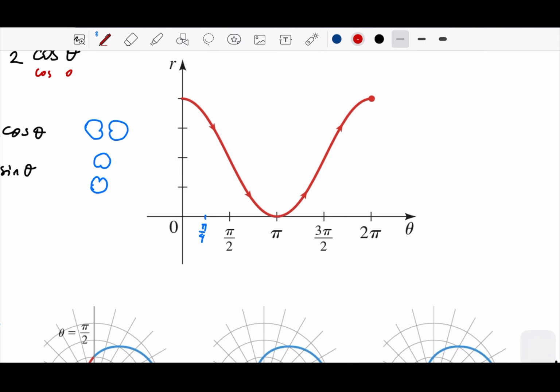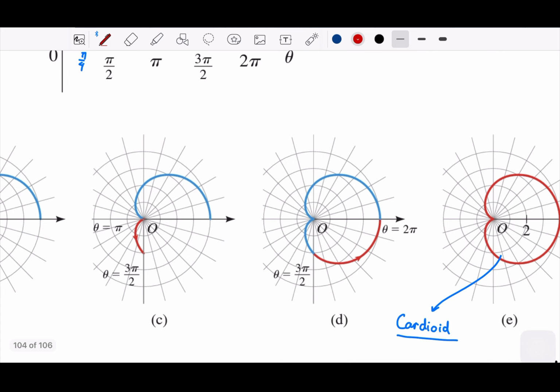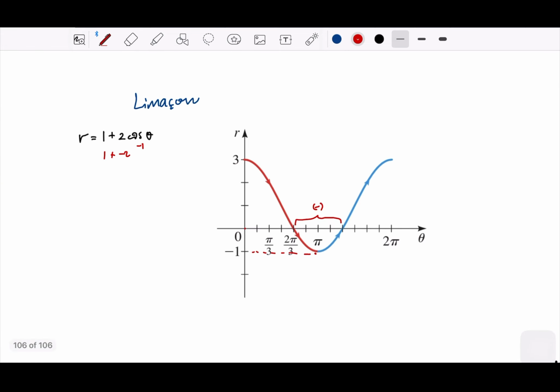Now we're going to see what the implications are in the graphs. The cardioid has a perfect heart shape and a completely closed graph. But in the limaçon, we are going to see that the negative parts will produce some loops on the curves themselves.